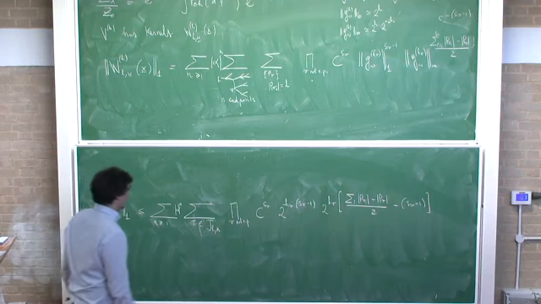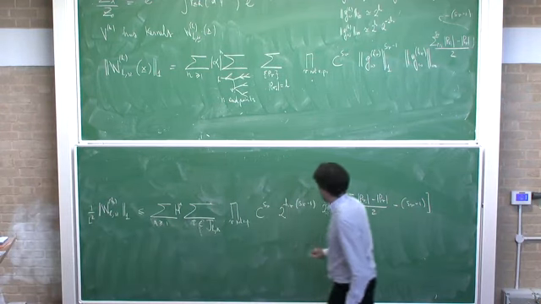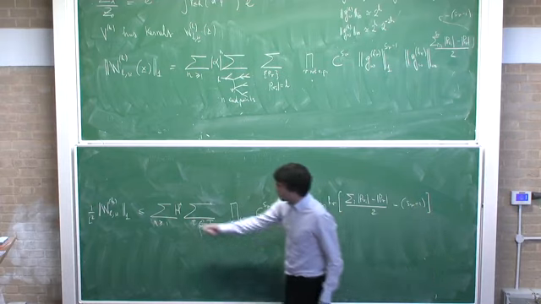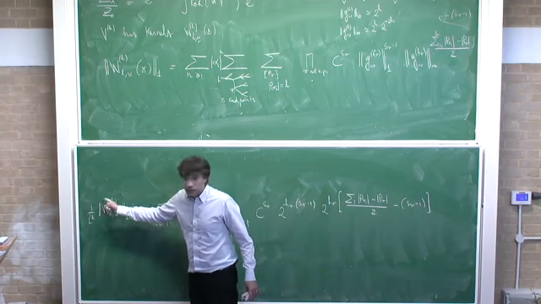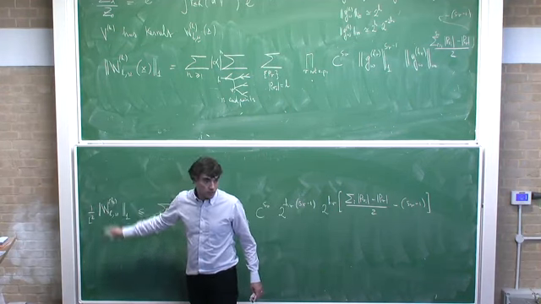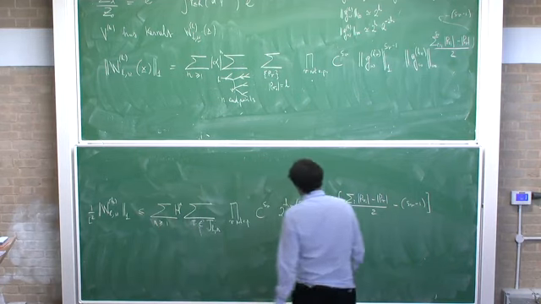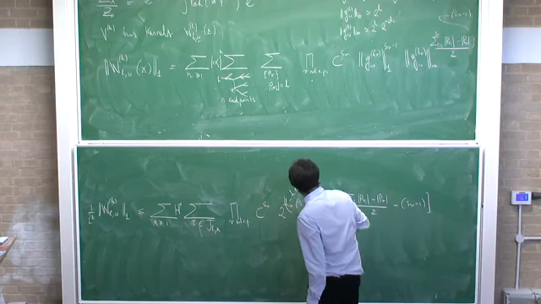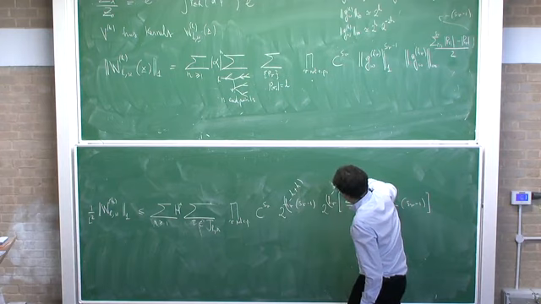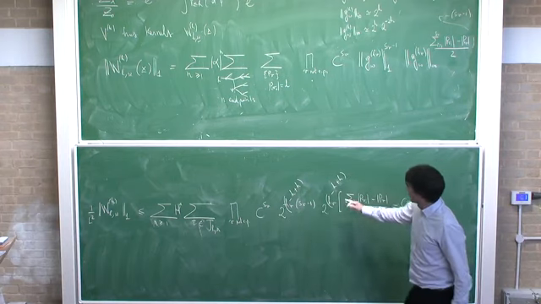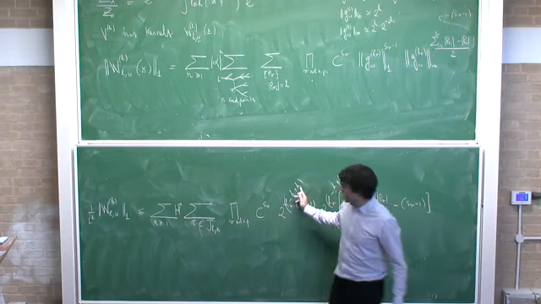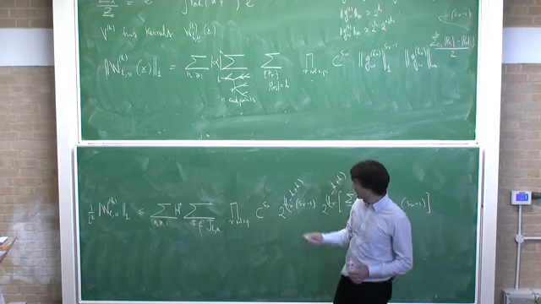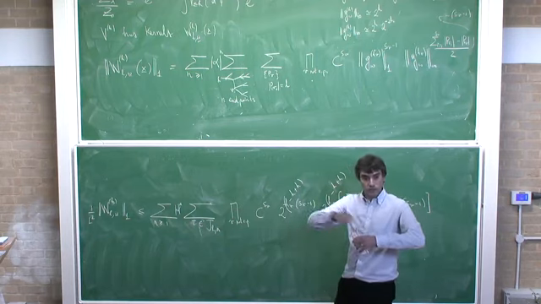I want to rewrite this in a more useful way. First of all, I want to understand how this norm scales with h. So each of these I write like this: I will have some overall scaling in h plus certain rescaling factors depending on the scale difference.